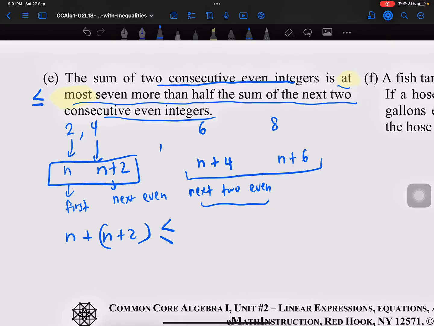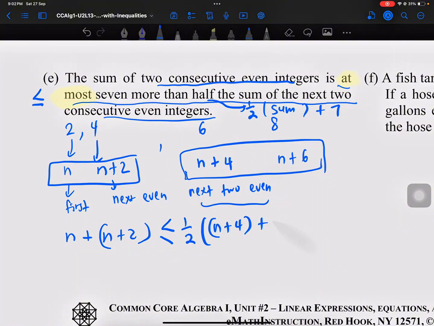And then half. 7 more than half the sum of the next two. Sum of the next two is this. Half is 1 over 2. And then 7 more, meaning plus 7. So meaning we have half of n plus 4 plus n plus 6, plus 7. Okay, just take out all the information.